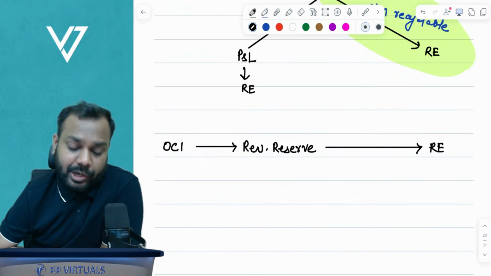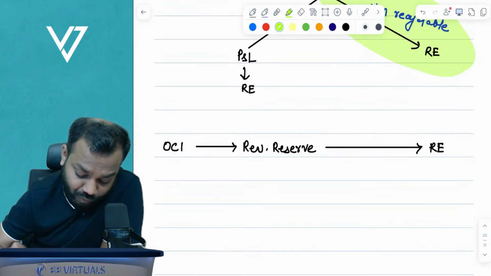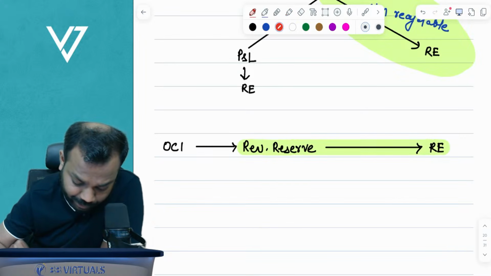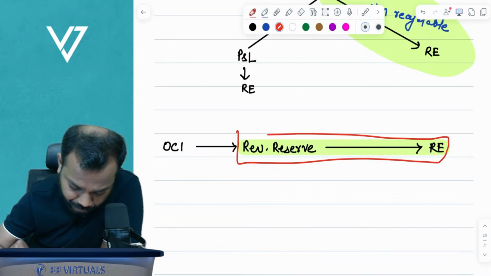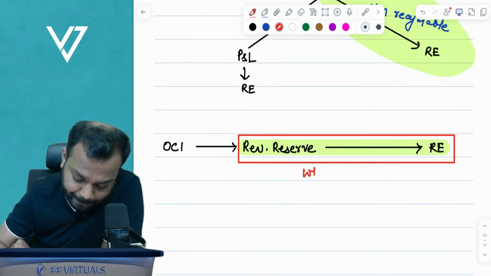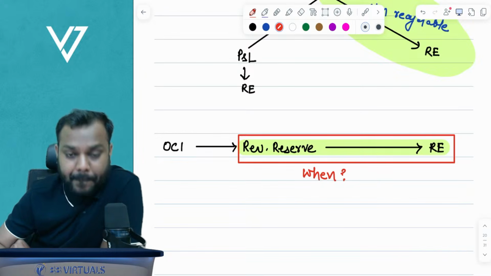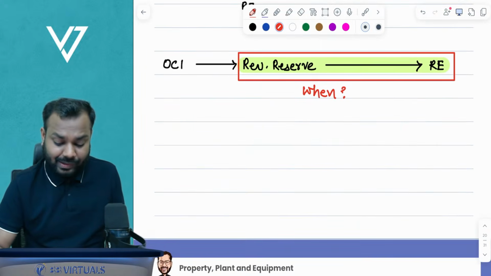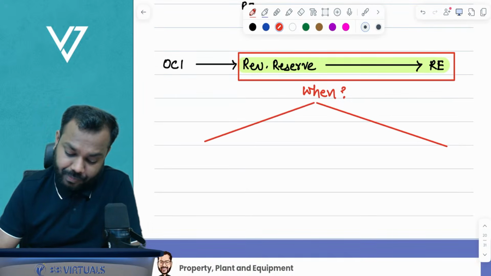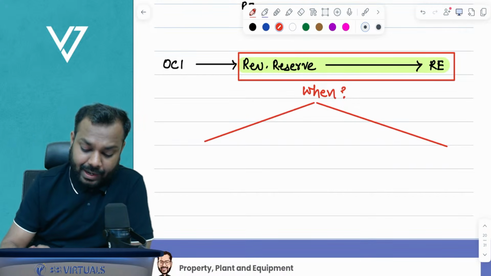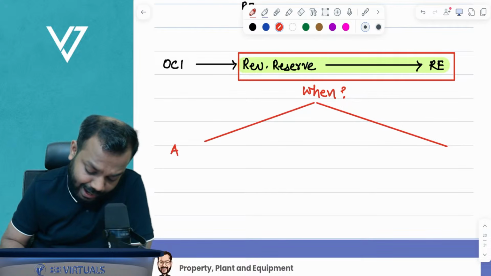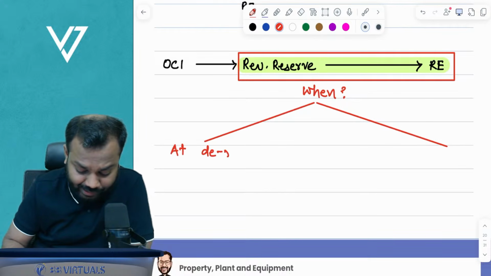Now comes the question: when? Now comes a bigger question. The standard says that there are two options. The entire amount of revaluation reserve will be transferred to retained earnings at derecognition of PPE.